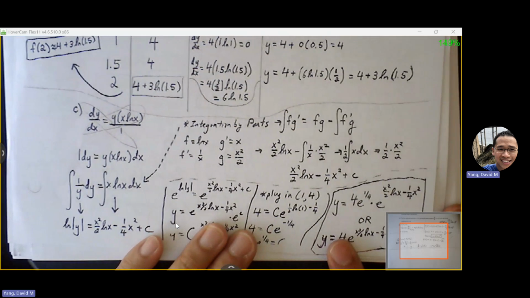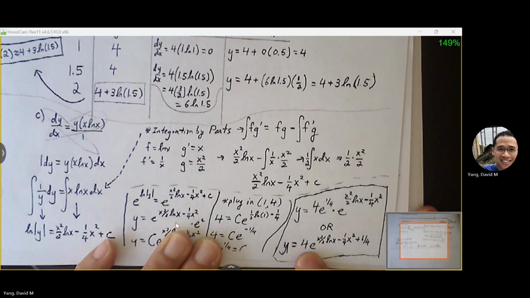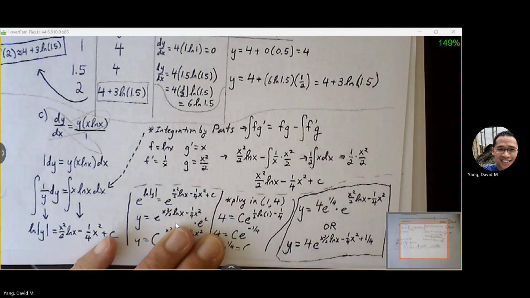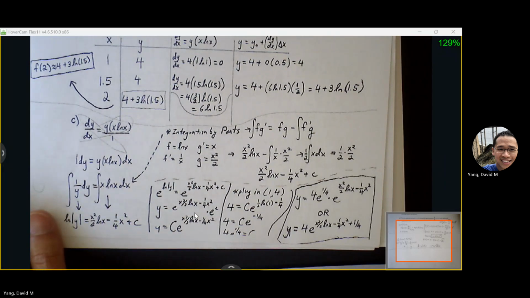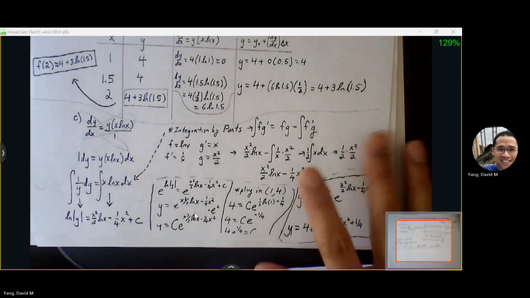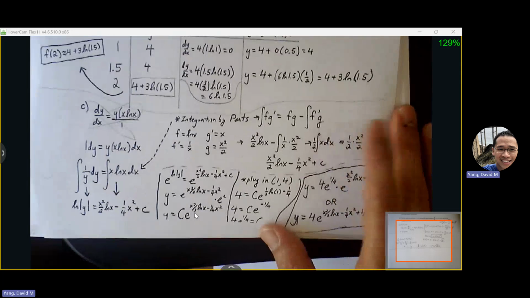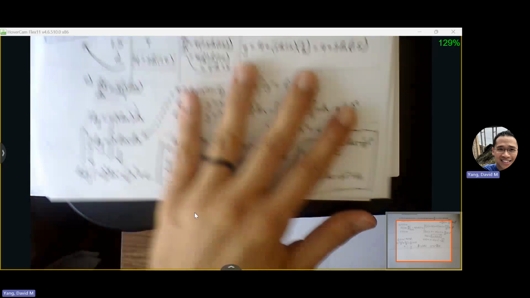Any questions with part B? Does anybody still need to look at part B? I'll zoom in on part C in a little bit.